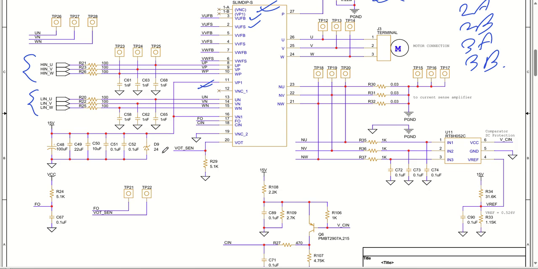Now this CIN is nothing but your short circuit protection. The short circuit protection is coming from these particular current sensing resistors. It is going here, and then going through the comparator. This is a very unique comparator that has been used, RT8H052C.